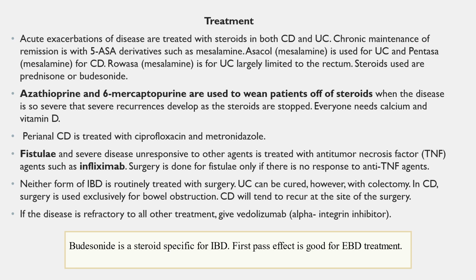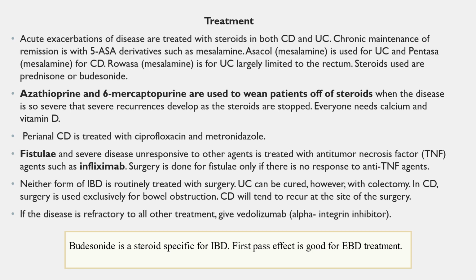If the disease is refractory to all other treatment, give vedolizumab, which is an alpha integrin inhibitor. Budesonide is a steroid specific for IBD. This is a clinical fact. First pass effect is good for IBD treatment.